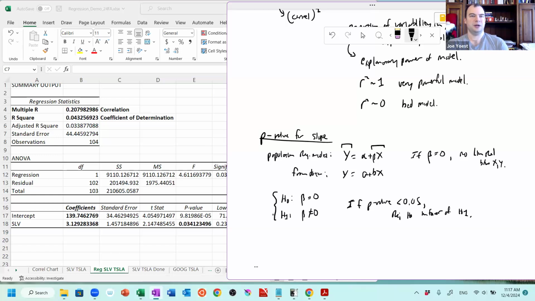So a strong argument in favor of, or at least a component of a strong argument in favor of this being a good linear model is having a low p-value, particularly for the slope.